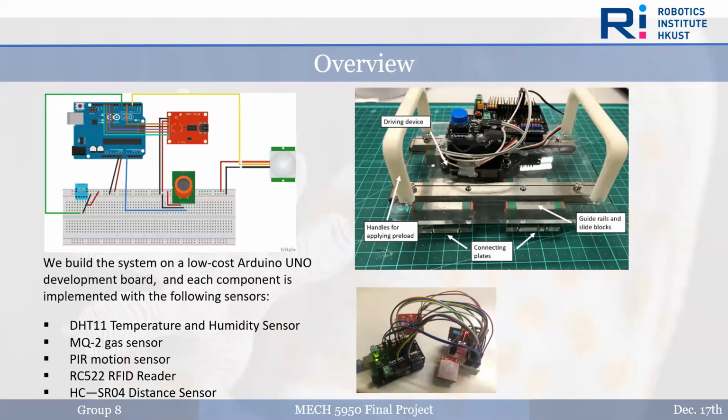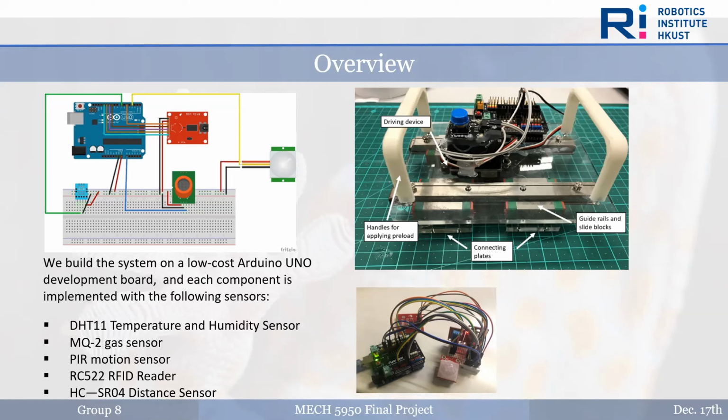So this is the overview of our design. On the right hand side there's the gripper. Basically it is a gripper for glass phone screens, and with the Arduino board and several sensors integrated into the gripper, we can achieve environmental monitoring of the grasping environment, which is very essential for gecko gripper technology.